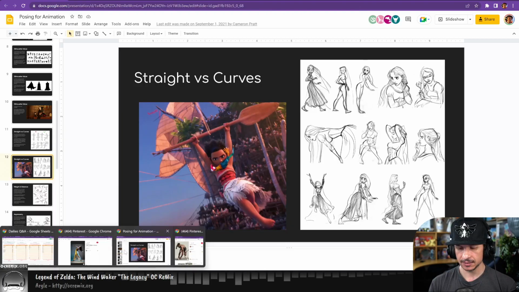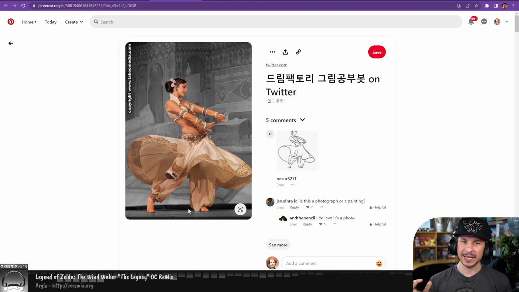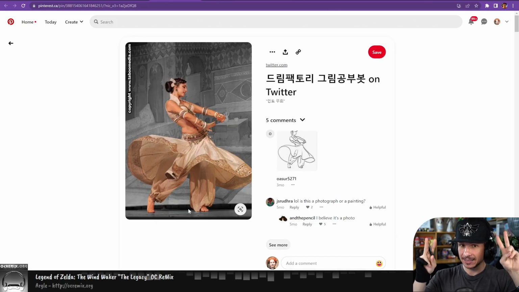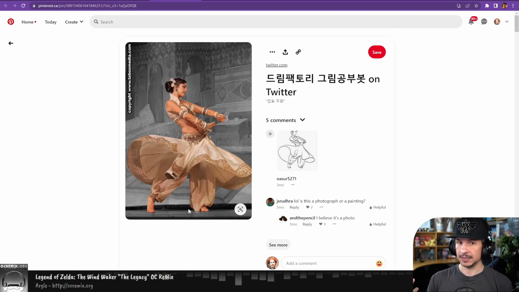So if we jump back here and go to this pose, line of action, you can definitely see it's this nice S curve right through here. So that makes it weaker. Weak is not bad in animation. This is essentially, what do we want the character to feel like? Even though the line is technically what we call weak, it also creates this graceful feeling in the motion.